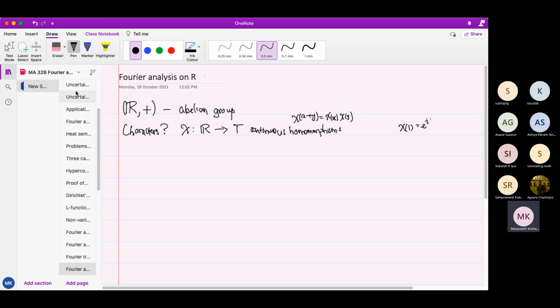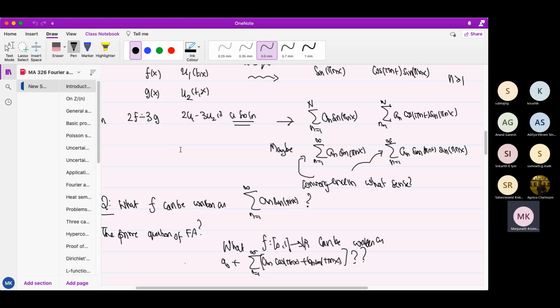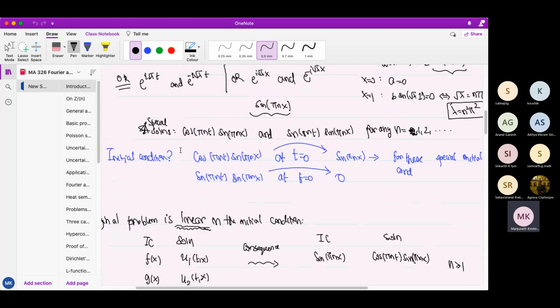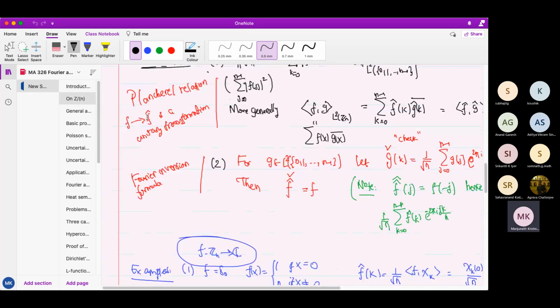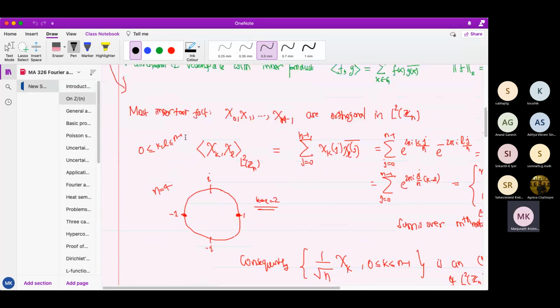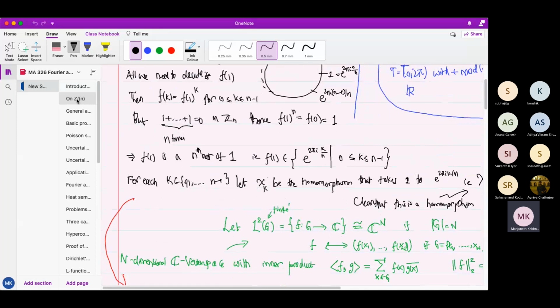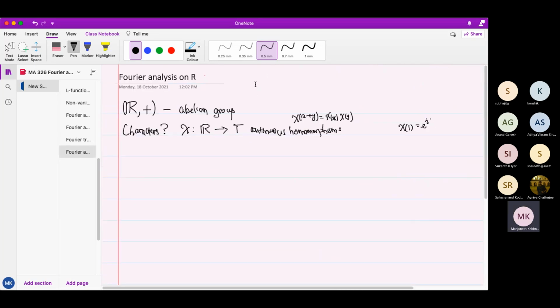What was my definition of e lambda? Was it with 2 pi in the exponent or not? It's not too important, but I have to fix some notation. So maybe I'll put the 2 pi also.